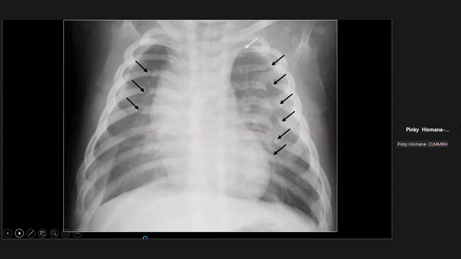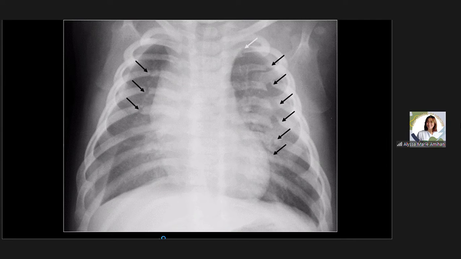So this one, actually, can I call on Alisa Marie Amihan? Good evening, Doc. Good evening. Can you please identify where you can see the fractures at the right side of the hemithorax? You have 3 fractures there as pointed out by the arrow. The third part, Doc.